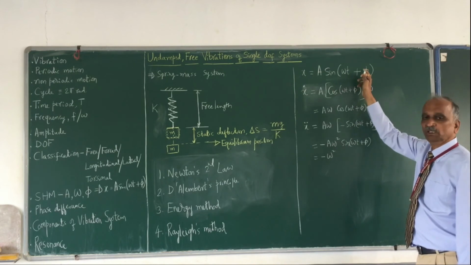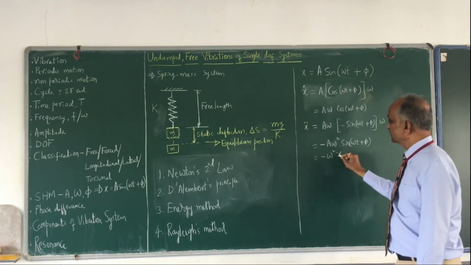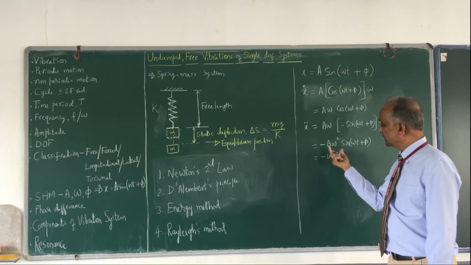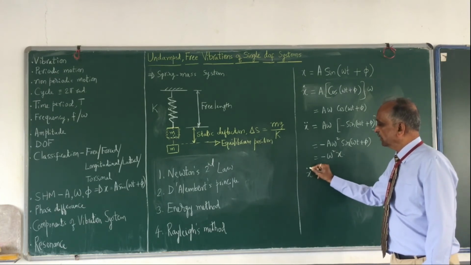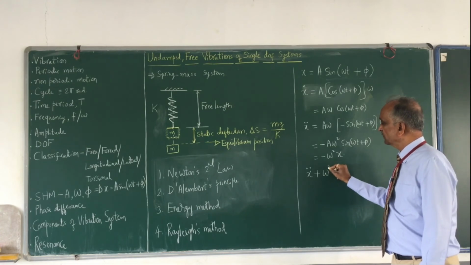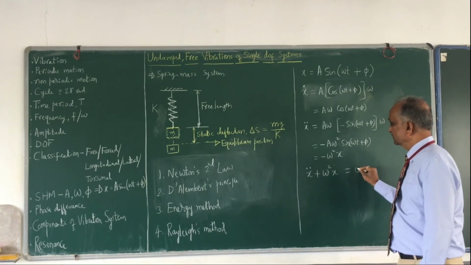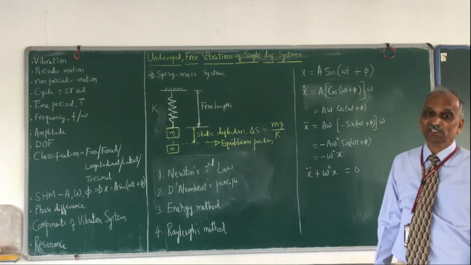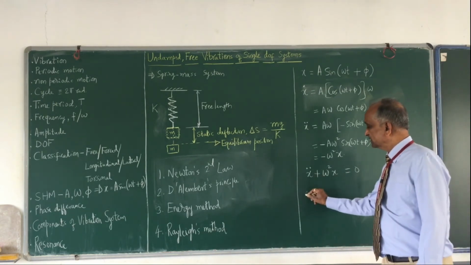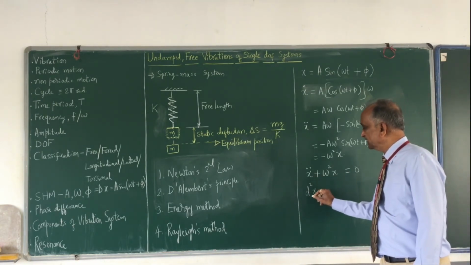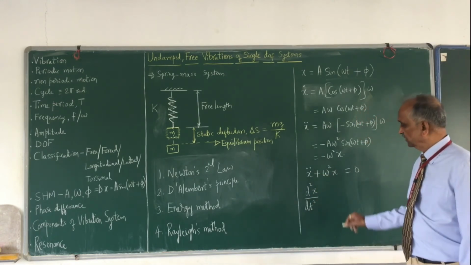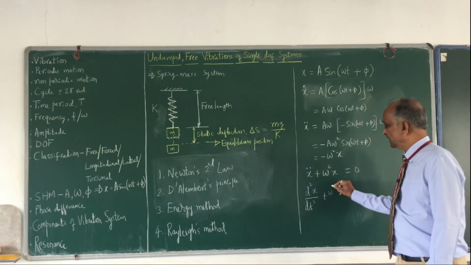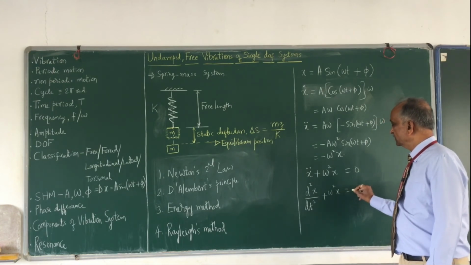A sin of omega t plus phi is what? That is equal to x. Then I shall take this to the left hand side and write x double dot plus omega square into x is equal to 0. What is this? This is a differential equation. It means d square x upon dt square, the first term, plus omega square into x is equal to 0.